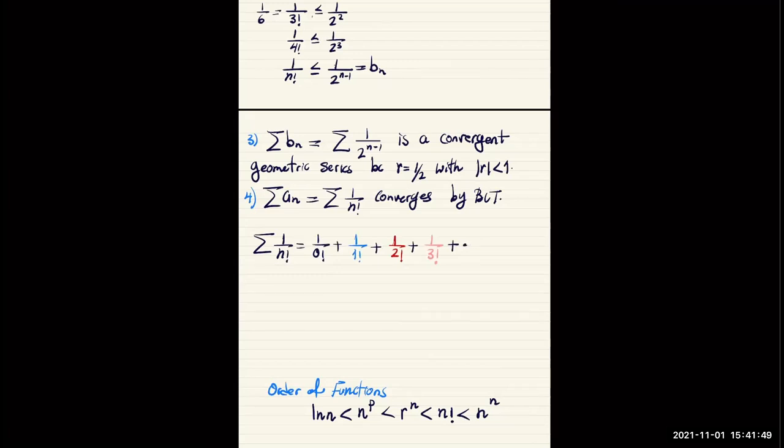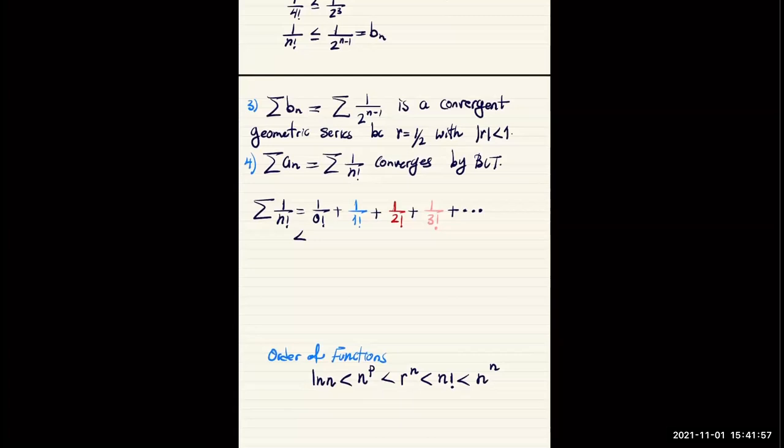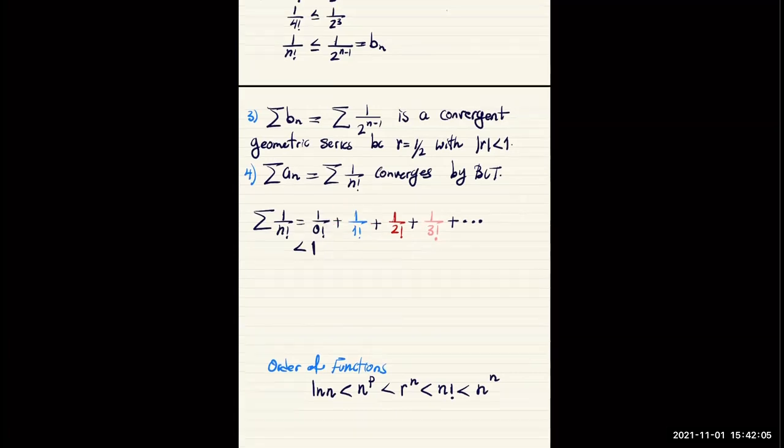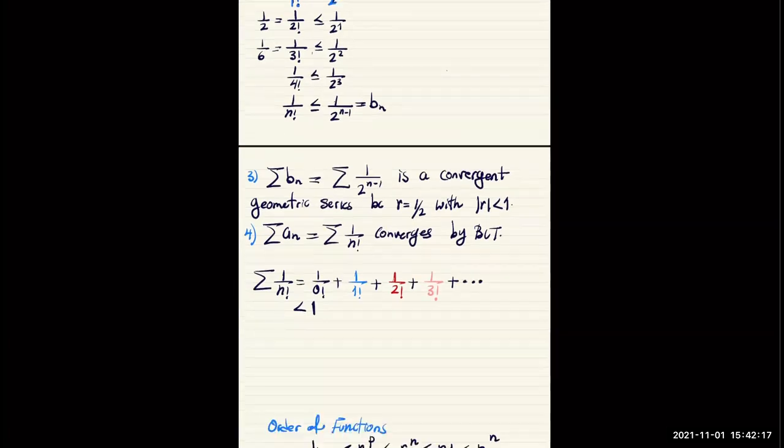And we can say that this is less than, not less or equal than, it's just less than. 1/0 factorial is just 1. And we saw that 1/1 factorial in the previous page was less or equal than 1/2 to the power 0.